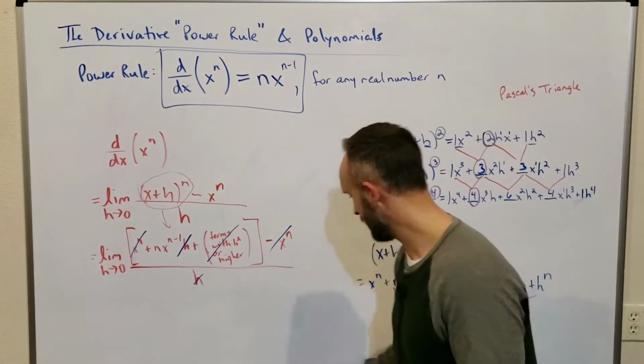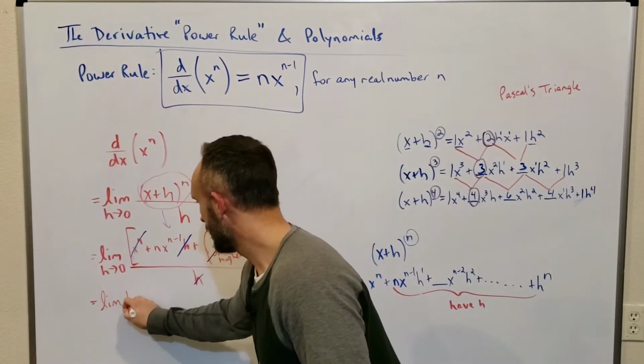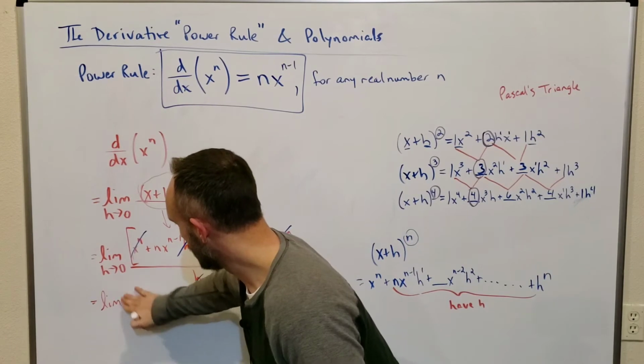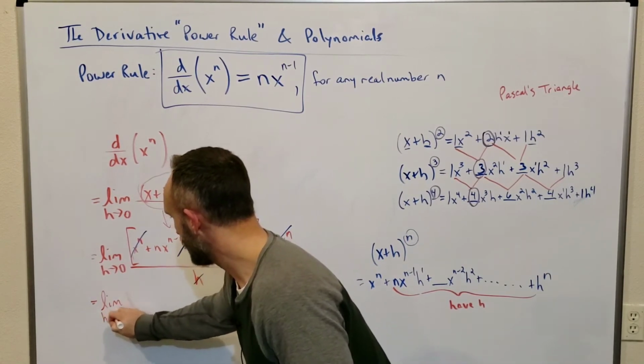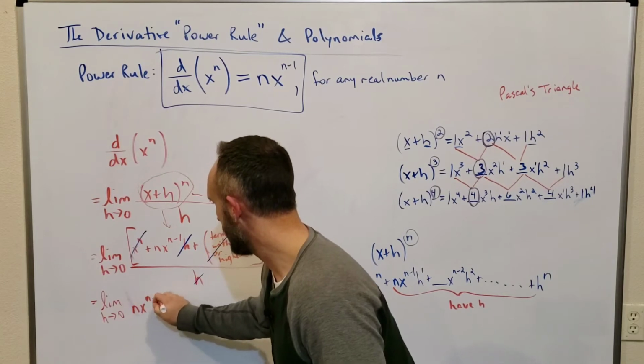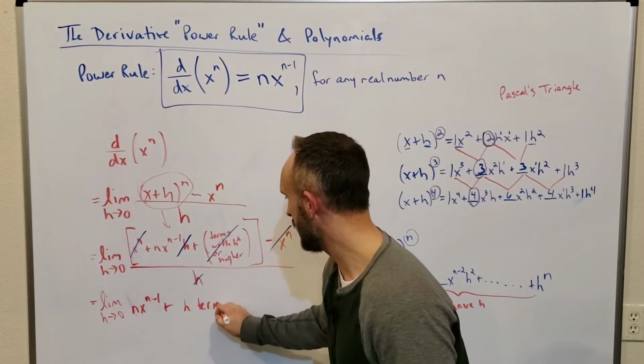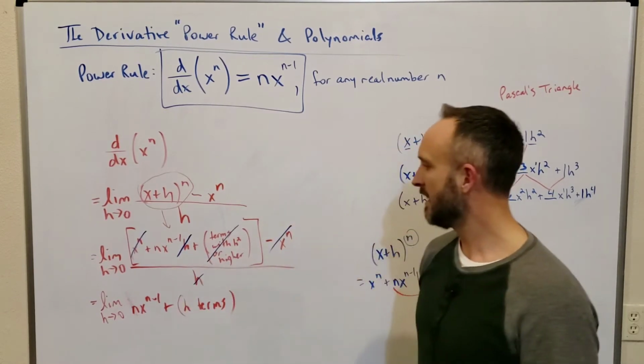So keep that in mind. So what this turns into is the limit as h approaches 0 of n times x to the n minus 1 plus, let's call them h terms. They all have an h left, right?